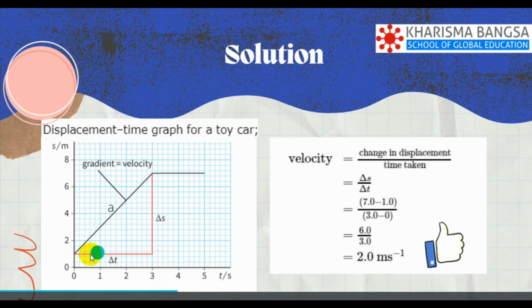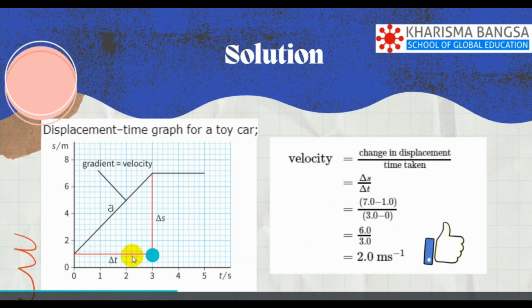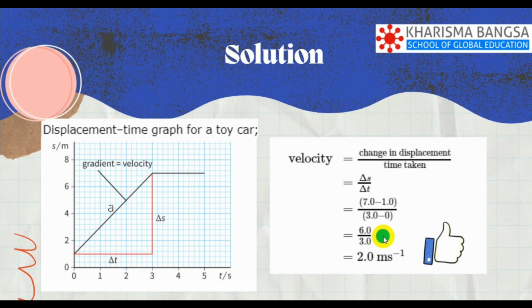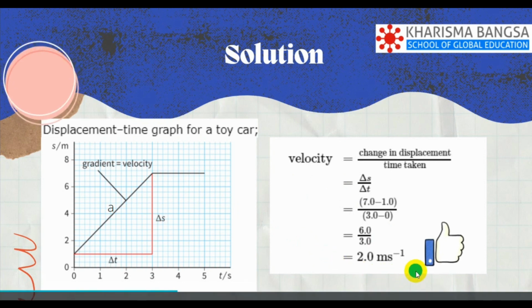So this is about 1 and this is about 7. So we can put 7 minus 1, and the delta T is 3 minus 0. So 7 minus 1 is 6 and 3 minus 0 is 3. So 6 divided by 3 is 2. So the velocity in this question is 2 meters per second.